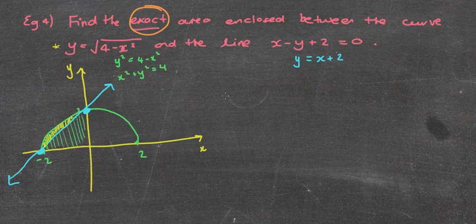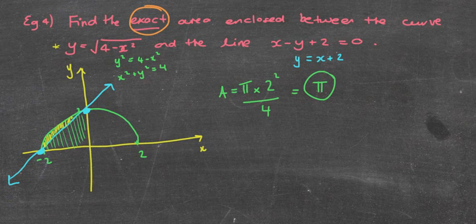Well, hopefully you might know that the area of a circle is pi times radius squared, where the radius in this case is 2 squared, and it's a quarter of a circle. So that's going to be, well, 2 squared is 4, 4 divided by 4 is 1, so the area of that quarter of a circle is actually just pi.